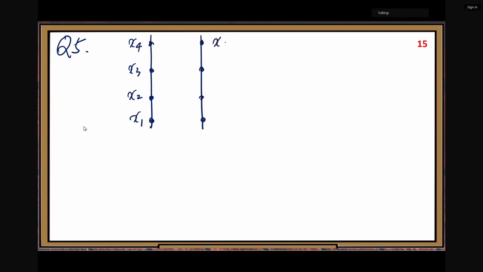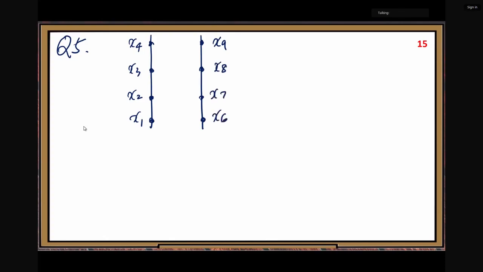If I use a diagram for question number 5, I draw it like this: a 4-element ordered array, x4, x3, x2, x1, and another 4-element ordered array, x9, x8, x7, x6.